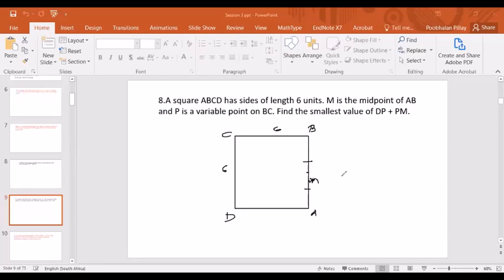And P is a variable point on BC. In other words, it's not fixed. We don't know where P is. It's somewhere along BC. And the question is, what is the smallest possible value of DP plus PM?